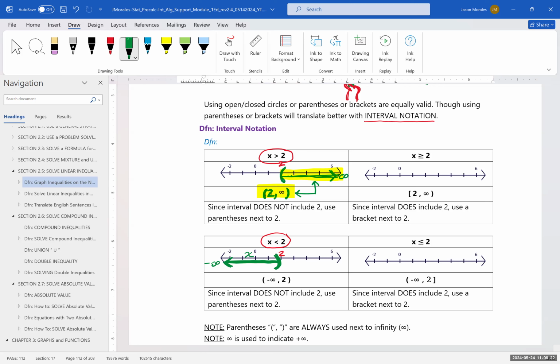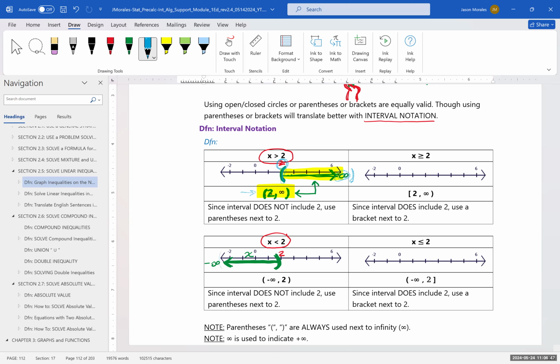Now if we look at the interval notation we put above, it's written from left to right. In the graphical picture, we had a left parenthesis, 2, and then going to infinity with a right parenthesis. The same thing is going to happen when we write interval notation for this one.